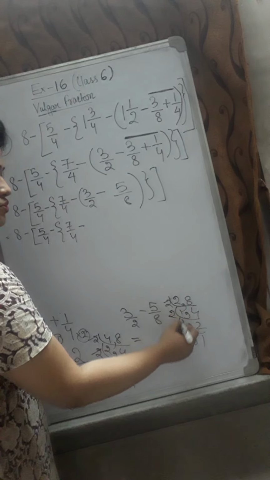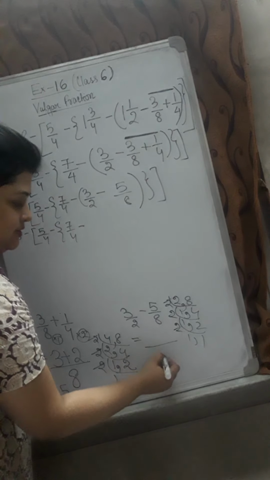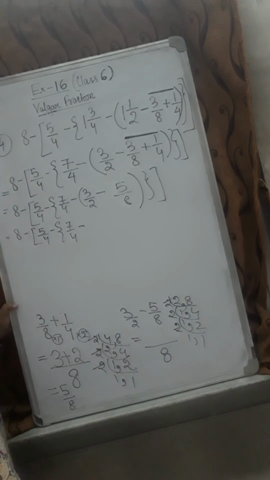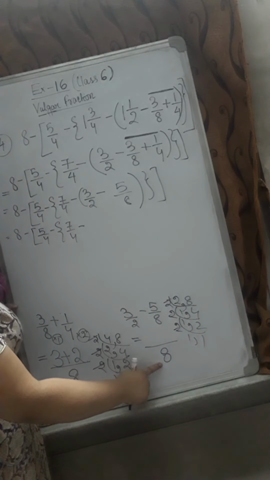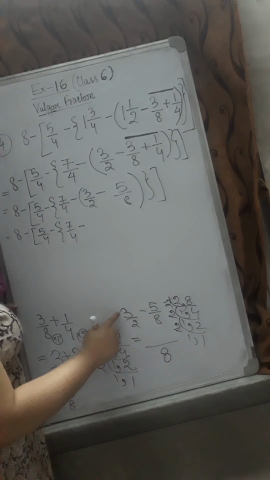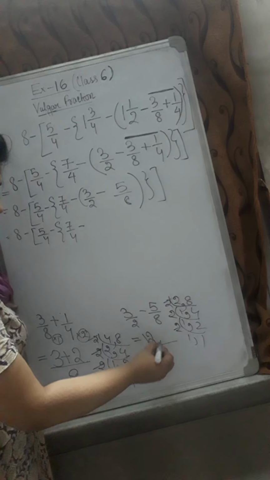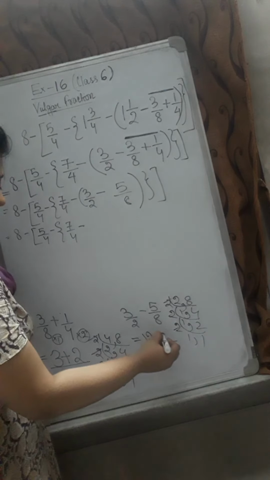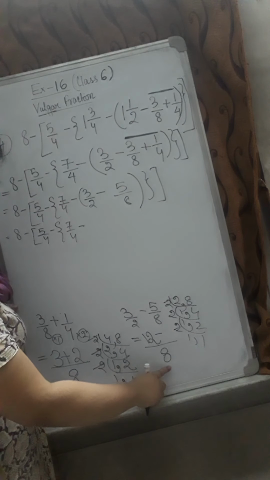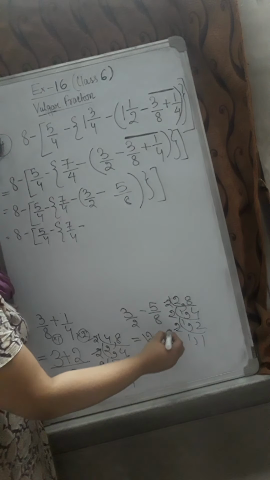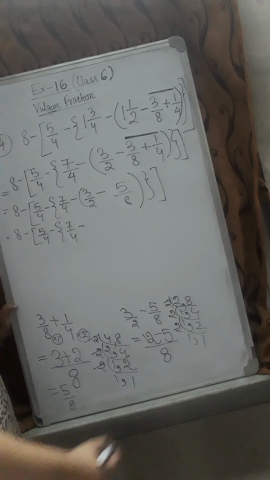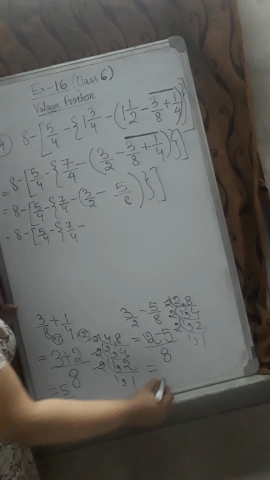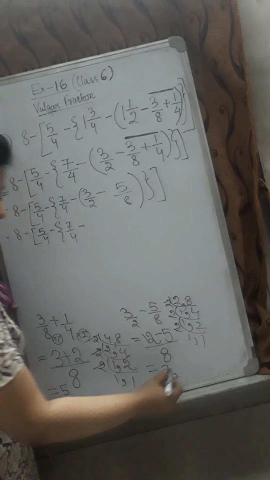So here also 2 2s are 4, 4 2s are 8. Now you compare the denominators. 2 into how much gives you 8? 4. That 4 when multiplied to the numerator 3 gives 12. Minus 8 1s are 8, 1 you multiply with 5. How much is left? 7/8. So this is the result of the first bracket.